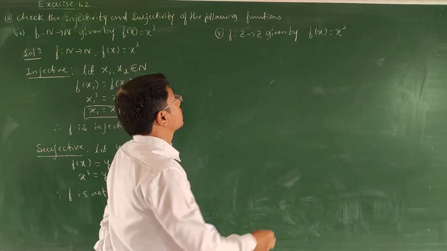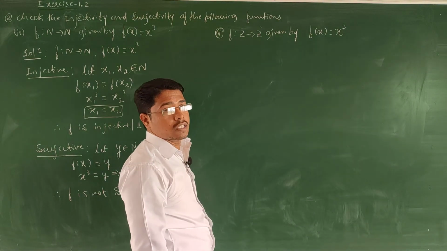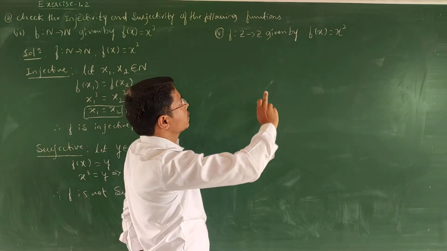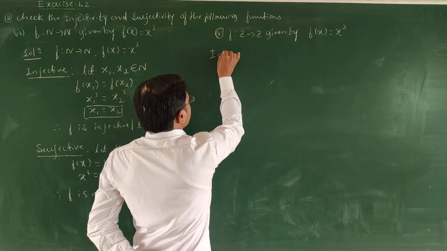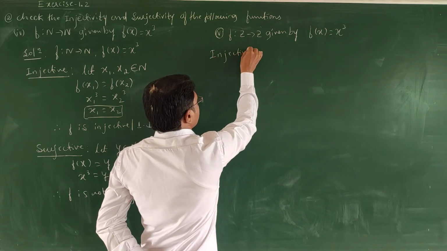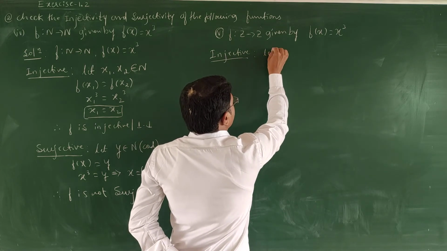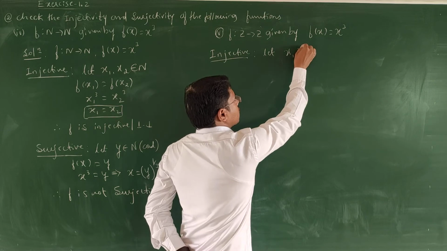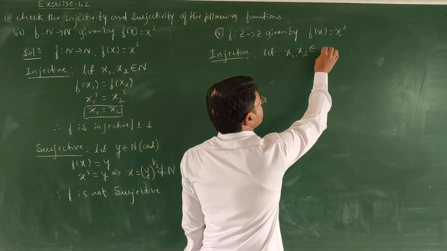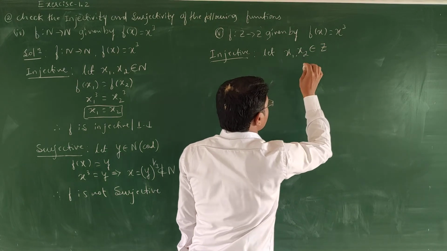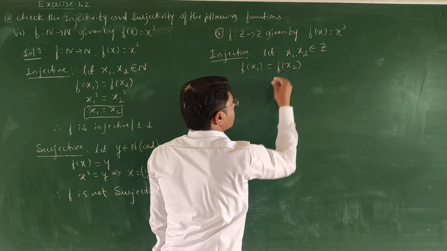Next, fifth question, f from Z to Z given by f of x equal to x cube. Same question, f of x equal to x cube; only the domain and codomain are changed. Okay, so now injective. Let x1, x2 belong to the set of integers, f of x1 equal to f of x2.